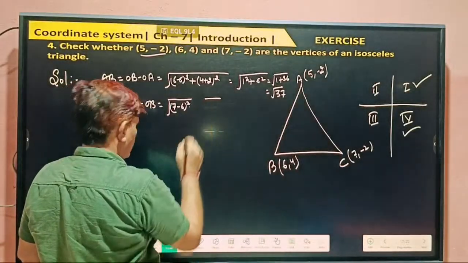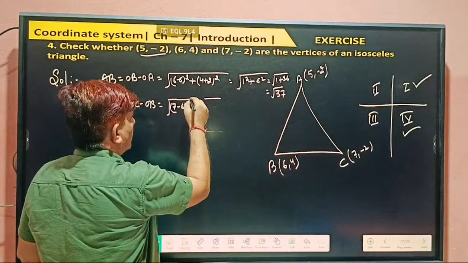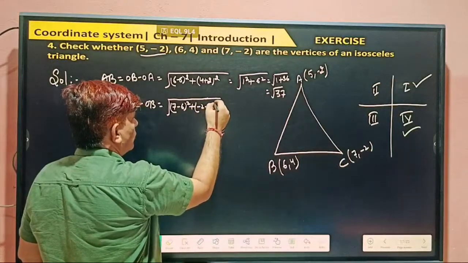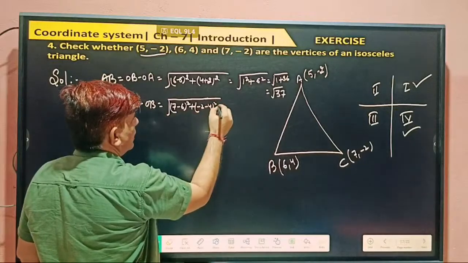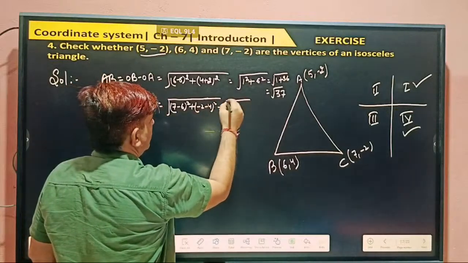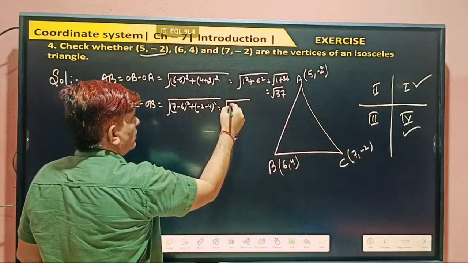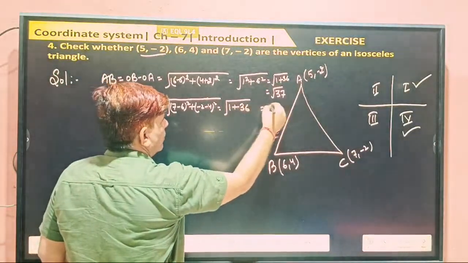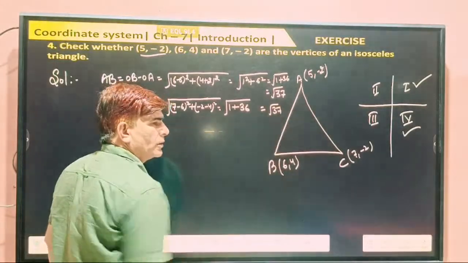So minus 2 minus 4 whole square. If you check it, how much is coming? 1 square, 1 plus 36, equal to under root 37.